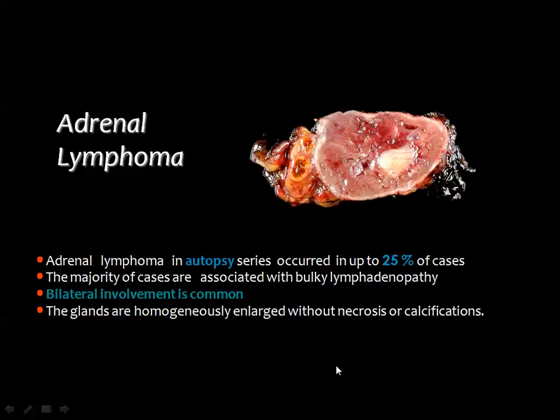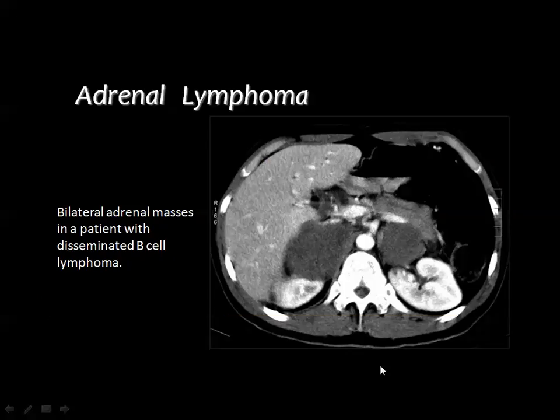Then adrenal lymphoma is diagnosed at autopsy in about 25% of the cases. Bilateral involvement of the adrenal glands is more common than unilateral affection. The tumor is usually homogeneously enhanced with no areas of necrosis or calcification.